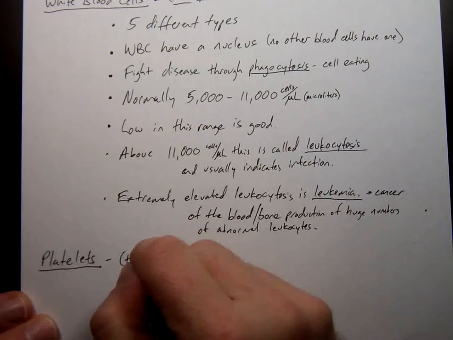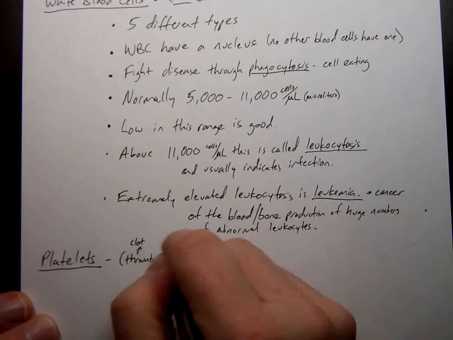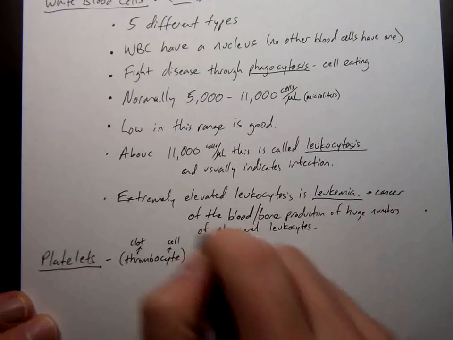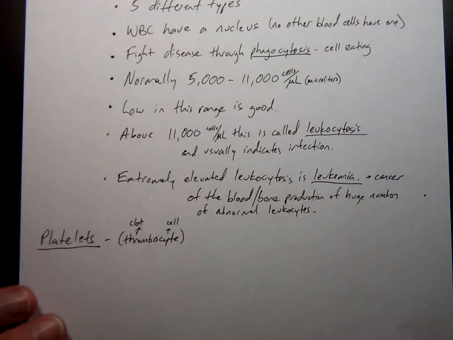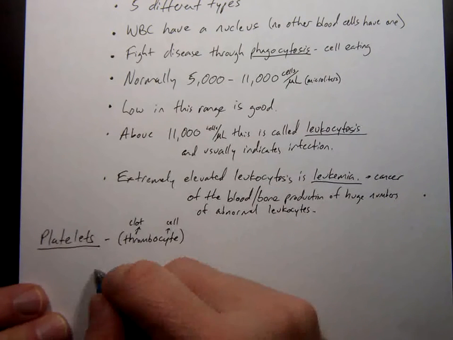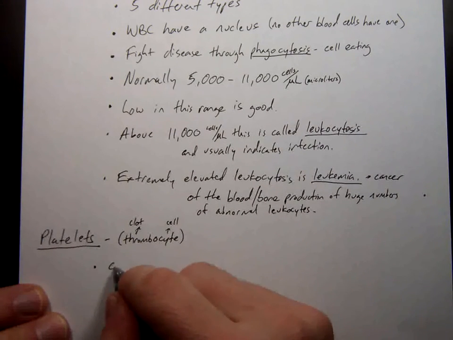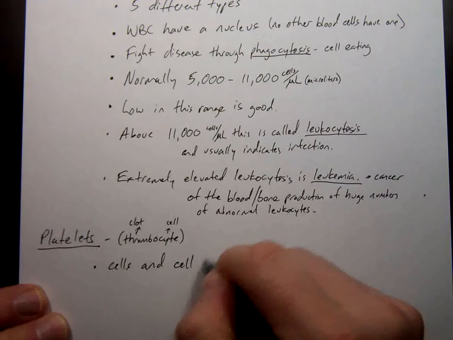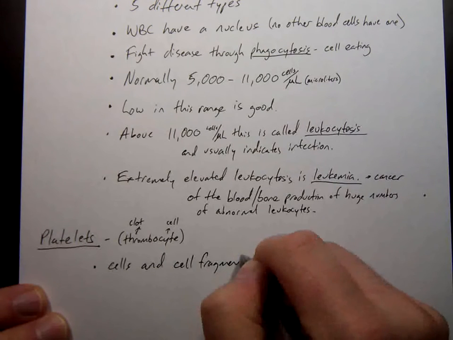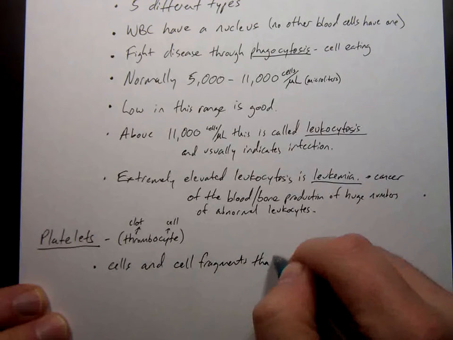Stands for clot cell. Thrombus is a clot. Cyte is a cell. These are cells and cell fragments that aid in clotting.